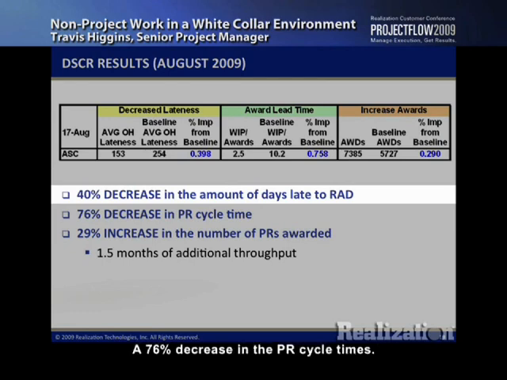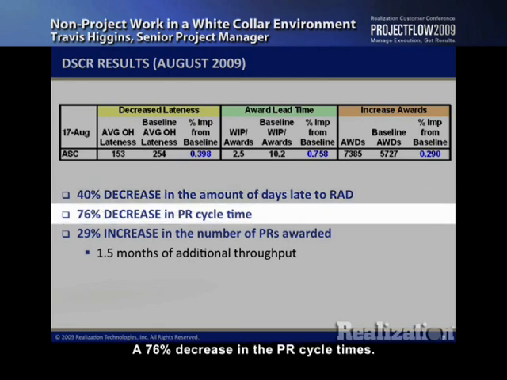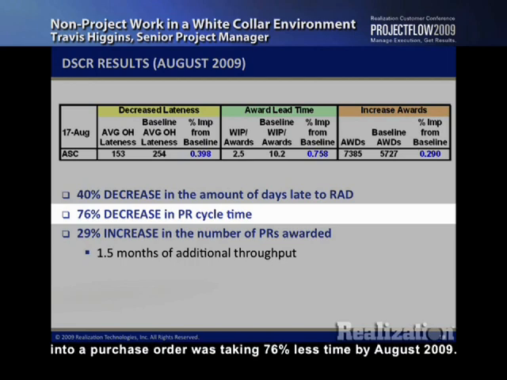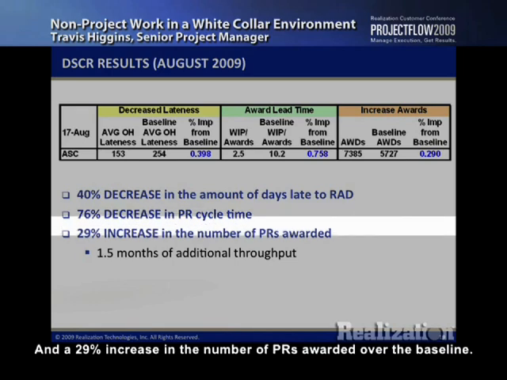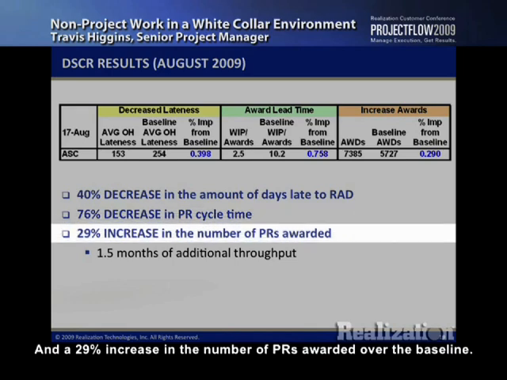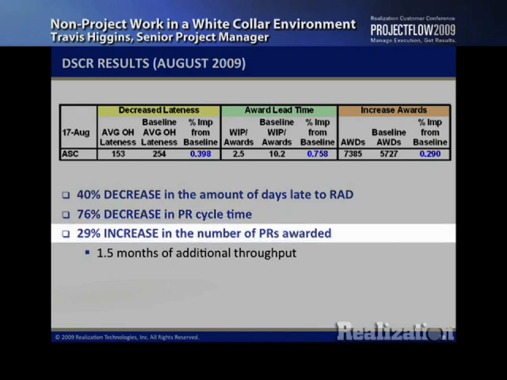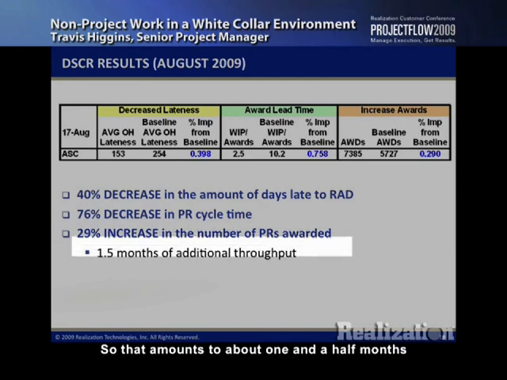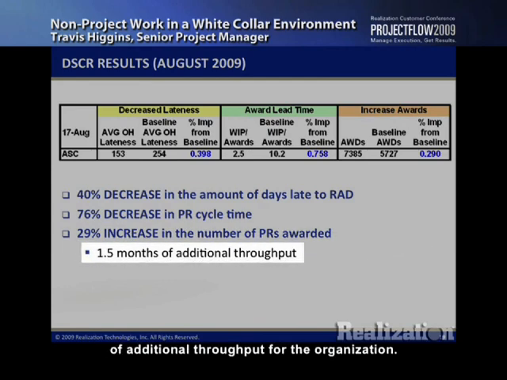A 76% decrease in the PR cycle time, so the time it takes to start the PR and process it into a purchase order was taking 76% less time by August 2009, and a 29% increase in the number of PRs awarded over the baseline. That amounts to about 1.5 months of additional throughput for the organization.